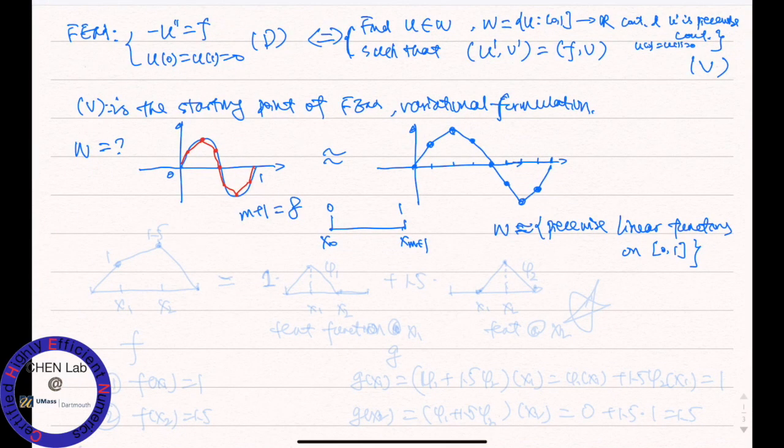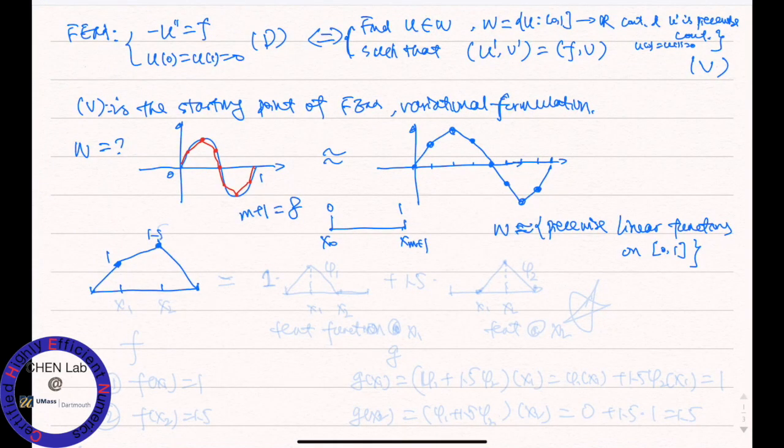Another observation is that if we look at fewer points, let's say we only have 3 points, and we look at a function which is equal to 1 here, and then 1.5 there, and then 0.